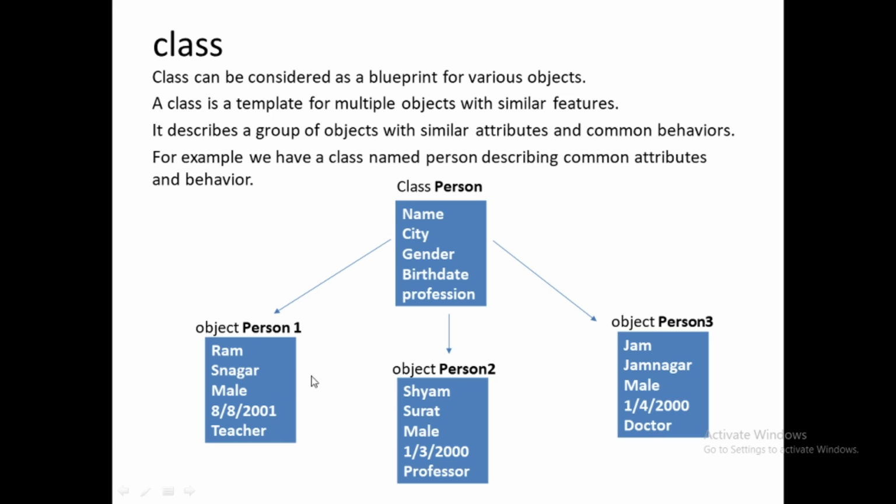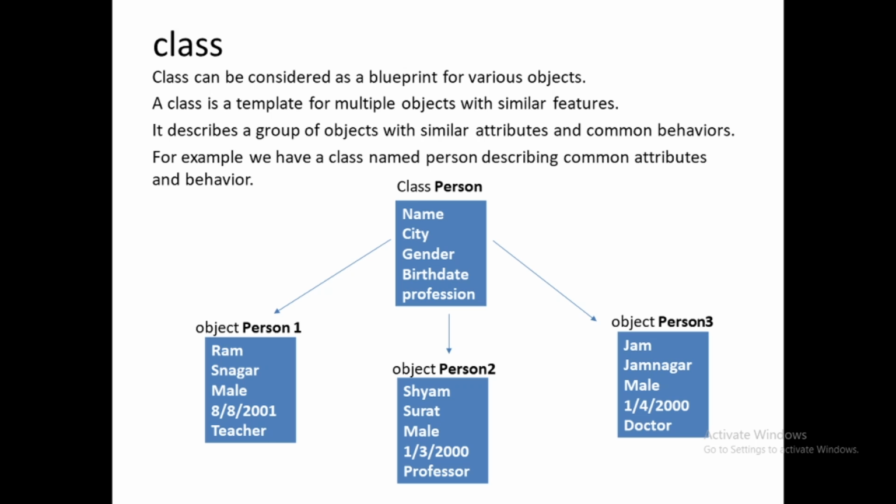So this is an object. Person 1 is one object. Another object is person 2, and here you can see it gets distinguished by the state of the properties. For example, you can see here Shyam, Surat, male, birth date is given, and then professor. That is his profession.